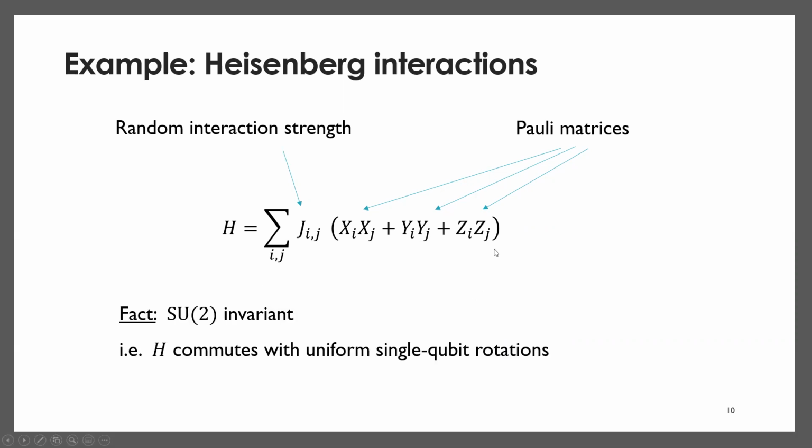This Hamiltonian is SU(2) invariant in the sense that if you apply the same single qubit rotation on every spin, then you will end up with the same Hamiltonian. And we're gonna use that symmetry to protect the simulation of these Heisenberg interactions.